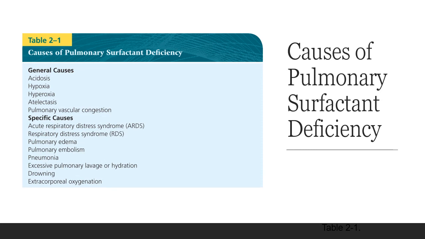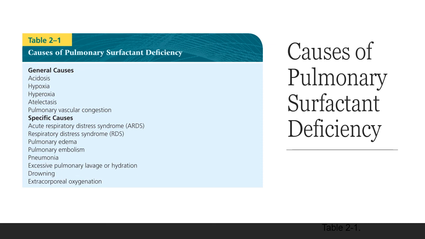Let's talk a little bit about things that can diminish pulmonary surfactant. As a respiratory therapist, you'll encounter a number of pulmonary diseases that are associated with pulmonary surfactant deficiency. For example, this problem is very common in premature infants who are diagnosed with respiratory distress syndrome, or RDS.